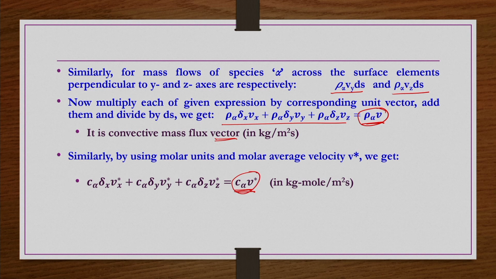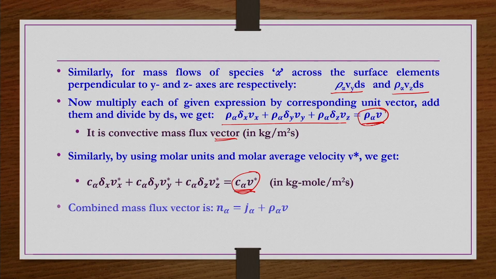Previously we got the same thing when the mass transfer is only by diffusion, the flux in mass units and flux in molar units, which we have already seen. So, now these fluxes are in general added up. If you want to know the combined complete flux, then you have to add them together. When you add them together, they are known as the combined flux.